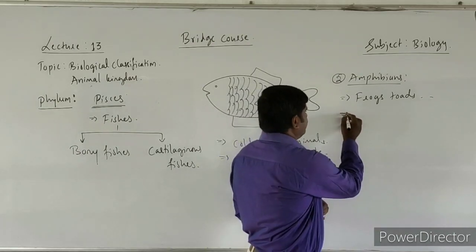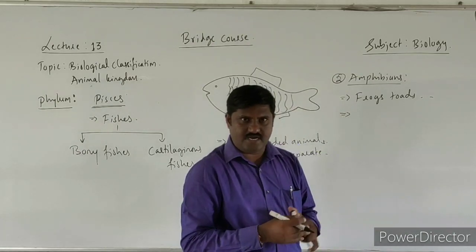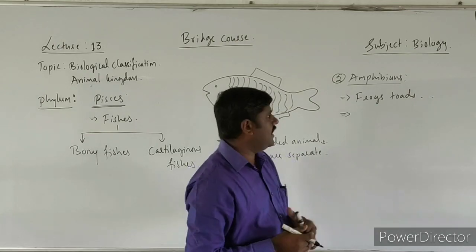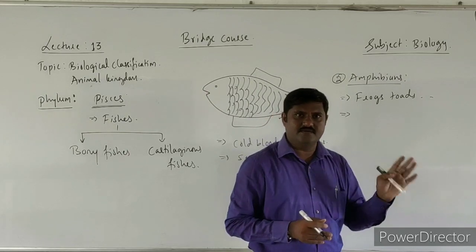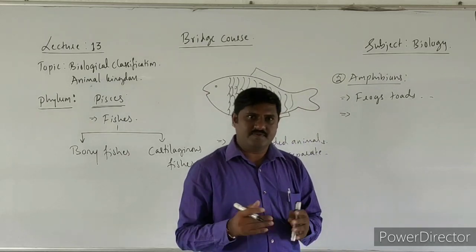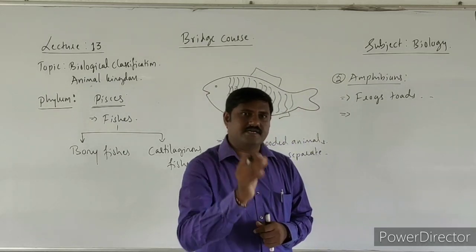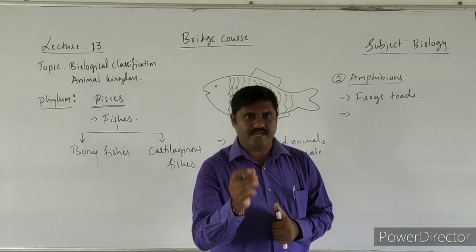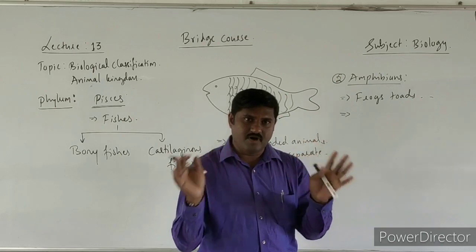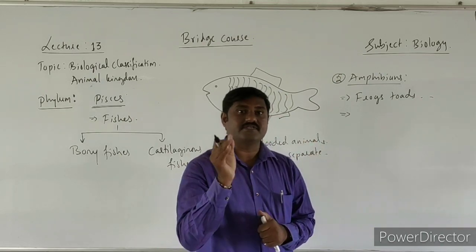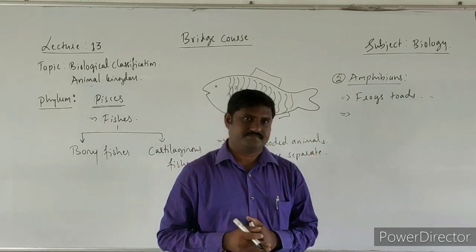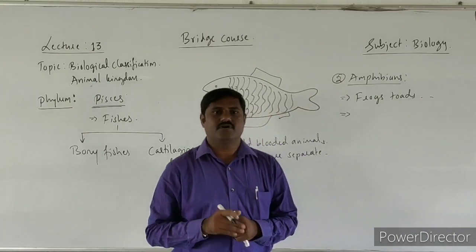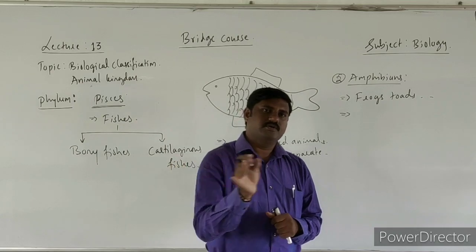The general characteristic features of amphibians: these are also poikilotherms, right? Cold-blooded animals, and the body is divisible into head, abdomen as well as limbs. The head part contains a pair of eyes, nostrils, and the mouth at the anterior part. On the body, the skin is highly vascularized, right? Highly vascularized means what? It is provided with more blood.